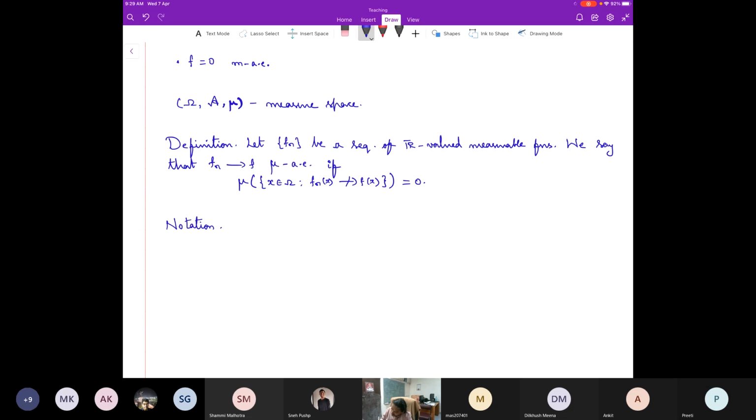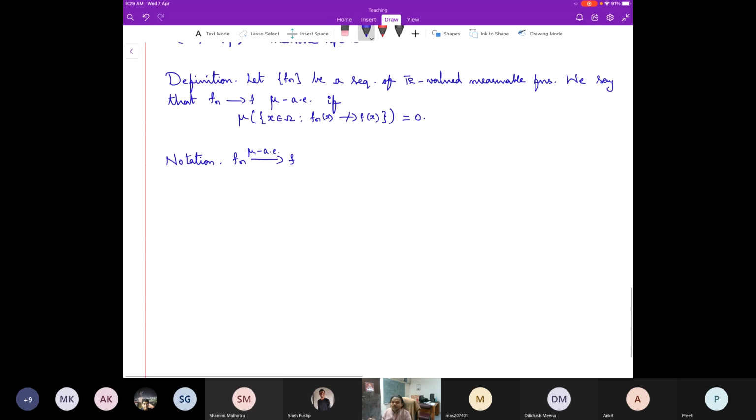In terms of notation, we'll simply write f_n converges to f almost everywhere. If you want to insist on the measure, we'll write f_n converges to f mu almost everywhere. If the measure is understood, we'll simply remove this mu also.